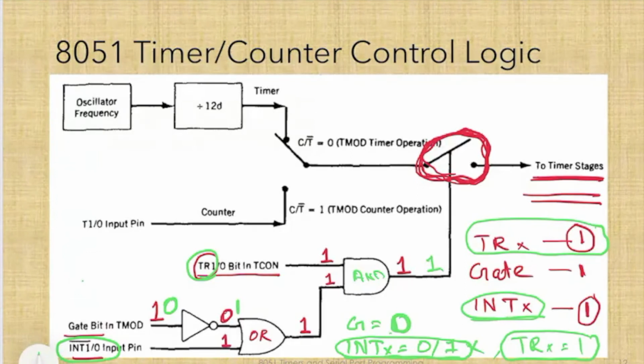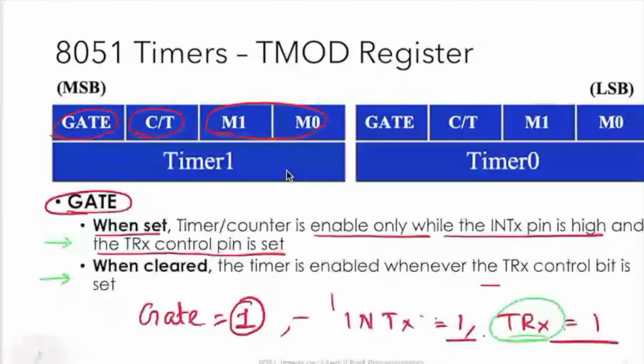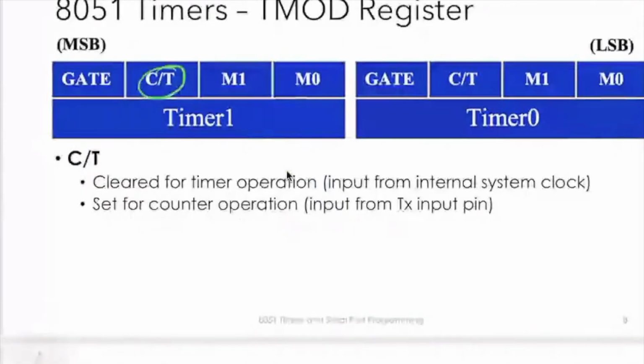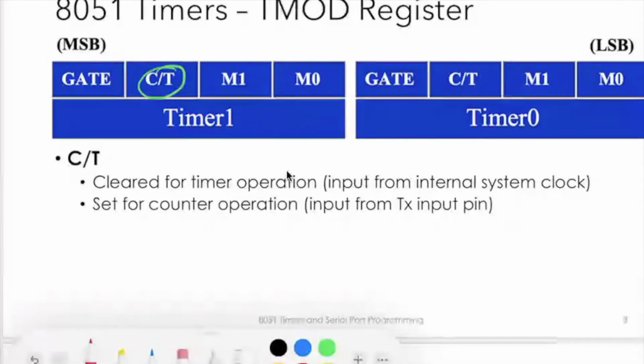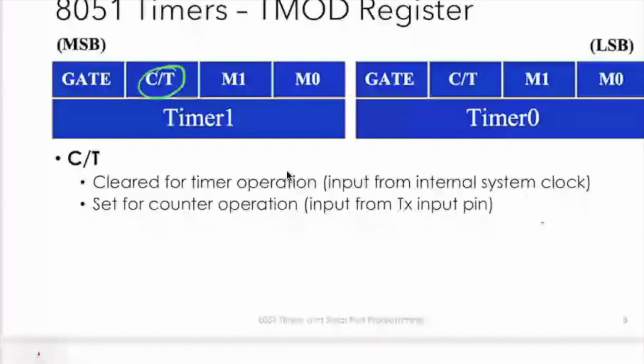So now we will go back. Gate is just a control over the interrupt or INT pin. INT is an external input. Then we have the next control bit, which is called CT, which is here. So this is called counter or timer. As I told you, this timer can be called either counting operation or timing operation.